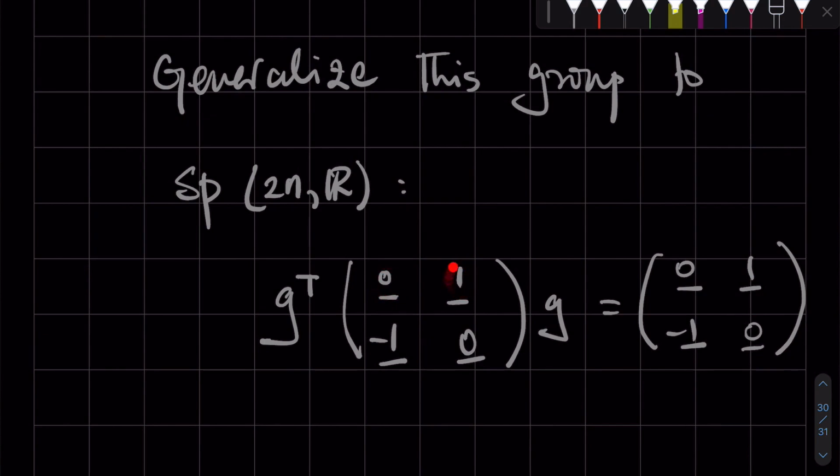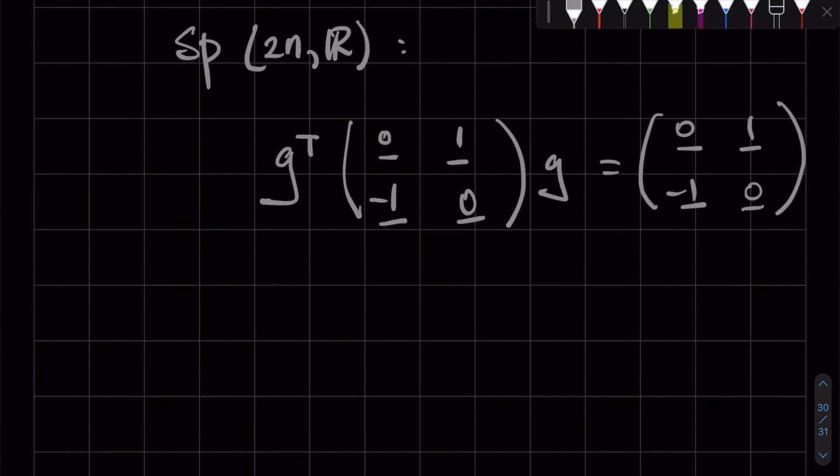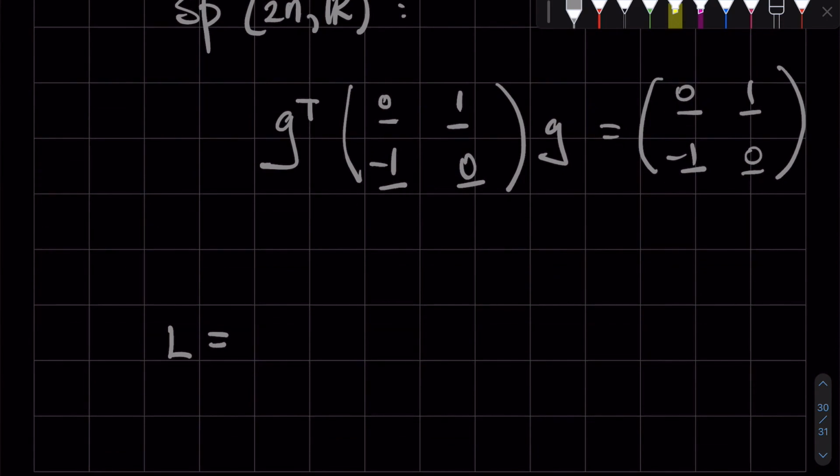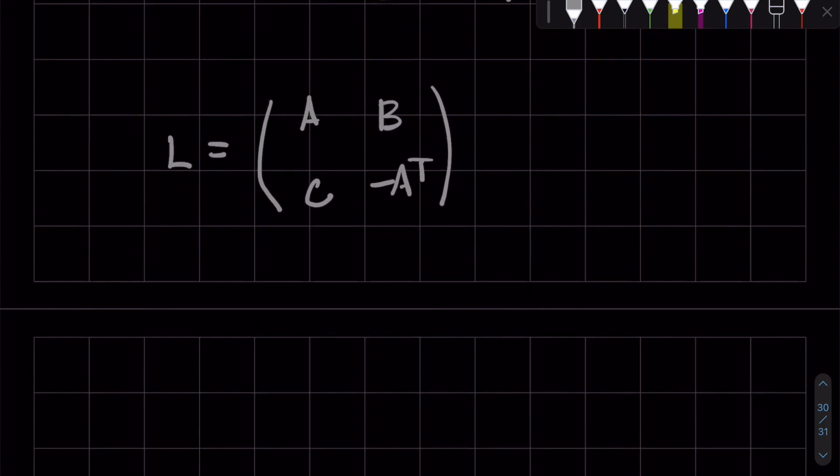These are block matrices, and they are all n by n blocks, so that the whole matrix is 2n by 2n. And again, if we solve for the generators of this group, these are 2n by 2n matrices. The generators will have the form that there is an n by n matrix along the diagonal, and on the off diagonal there will be two more matrices, B and C, and both B and C must be symmetric matrices.